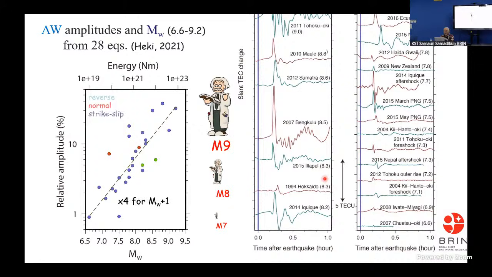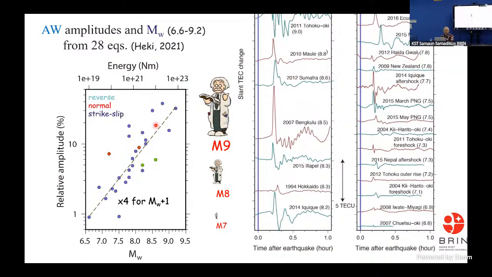So a magnitude 9 earthquake makes the largest signature, and magnitude 7 makes a small signature. So it is a function of magnitude. So this is the amplitude. So this means if you observe the electron content change, then you can tell the magnitude of the earthquake.